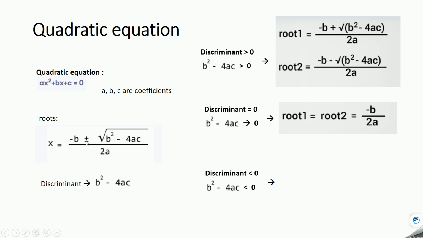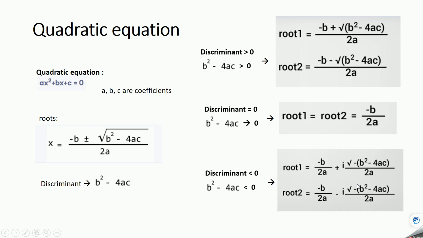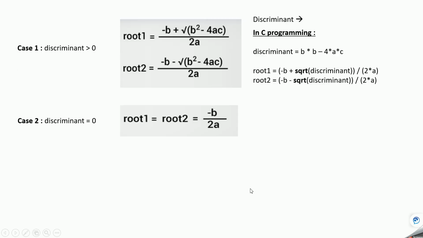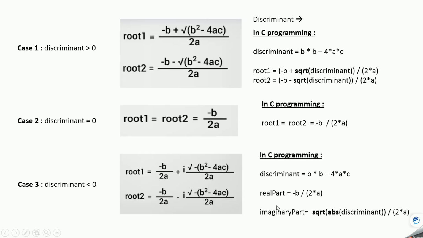This is the first formula that you should remember, x equal to minus b plus minus square root of b square minus 4ac divided by 2a, and b square minus 4ac is nothing but discriminant, and then based on the value of discriminant you will have different roots. Okay, and then finally how you can write in programming like this, and then you can write the final program.